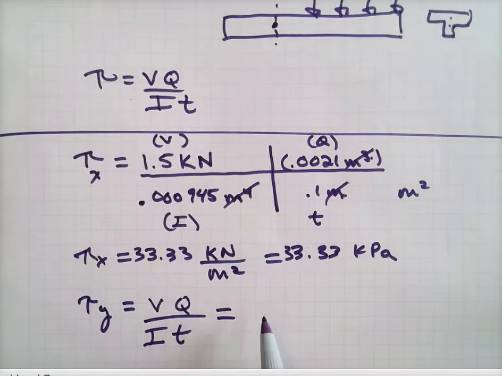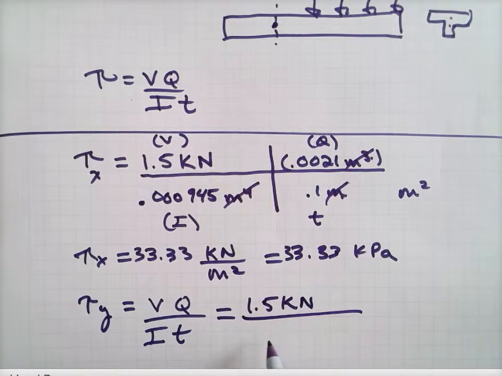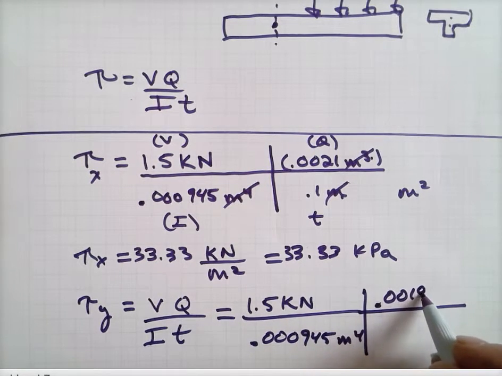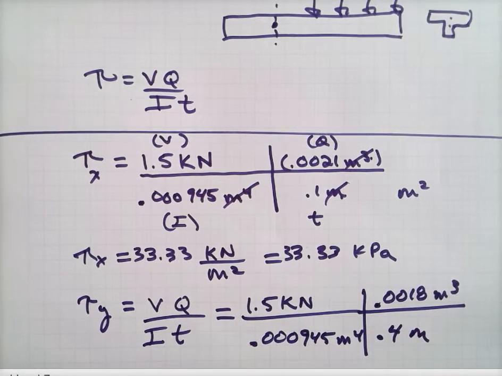So you should have chosen the same 1.5 kilonewtons, the same 0.000945 meters to the fourth. For Q, we now use 0.0018 meters cubed, and for T, 0.4 meters. Put that into my calculator.